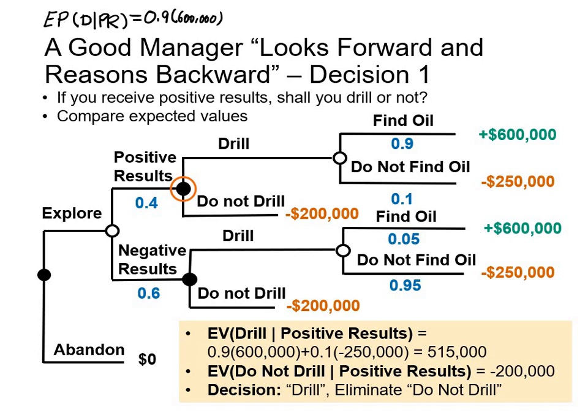Nothing can be left over, or nothing can be more than 1. So if we get a positive result and we drill, there's a 0.9 chance that we get 600,000, plus a 0.1 chance that we lose 250,000. Okay, and if we sum that up, I have also summarized it here. The expected payoff would be 515,000.